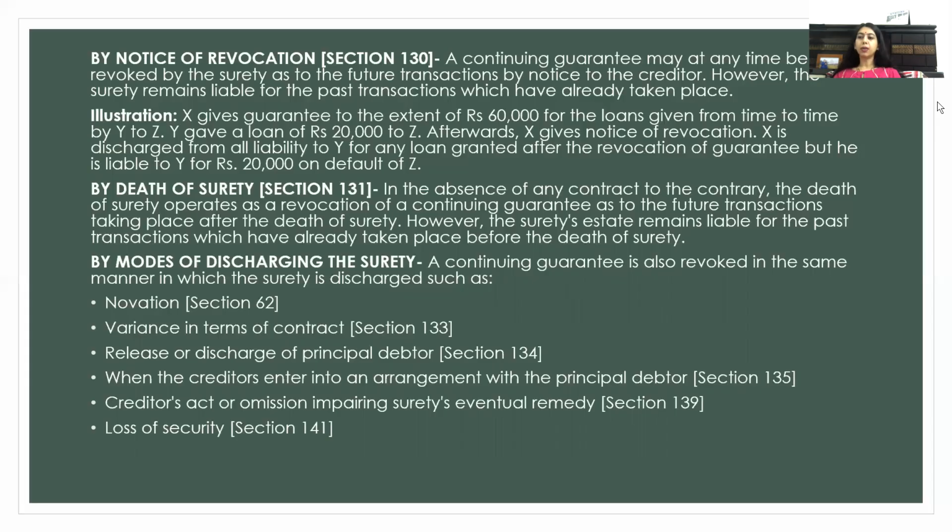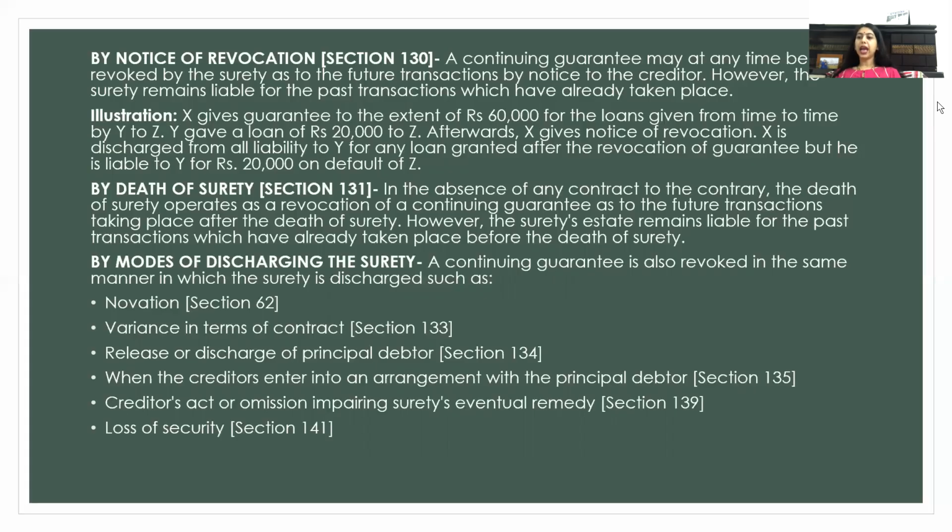However, the surety remains liable for the past transactions which have already taken place. From the date of notice of revocation के डेट के पहले जो भी transactions हुए हैं, for all those transactions the surety can be made liable. But after the date of notice of revocation, the surety won't be having any sort of liability.